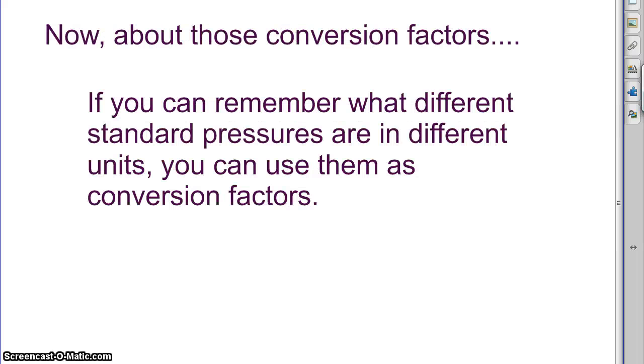STP. So, about those conversion factors, if you can remember what different standard pressures are using the different units, then they can make useful conversion factors. So I'm going to give you a list of all the different ways we can measure pressure and tell you what standard pressure is in that unit. So, let's go. Standard pressures. Well, we already mentioned in kilopascals it's 101.325.